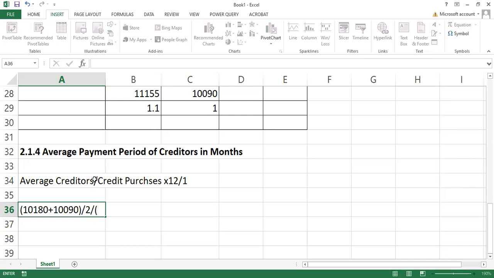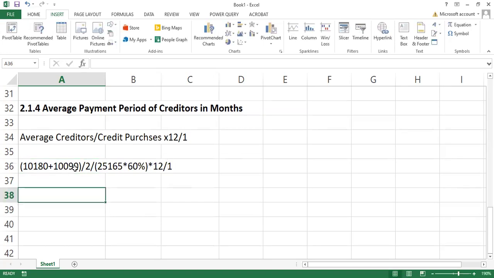Why am I opening a bracket here? Because I need to use a percentage for credit purchases. So the amount there was 25,165 multiplied by 60%. Close it, you multiply it by 12, you divide it by 1. That's how you do it.